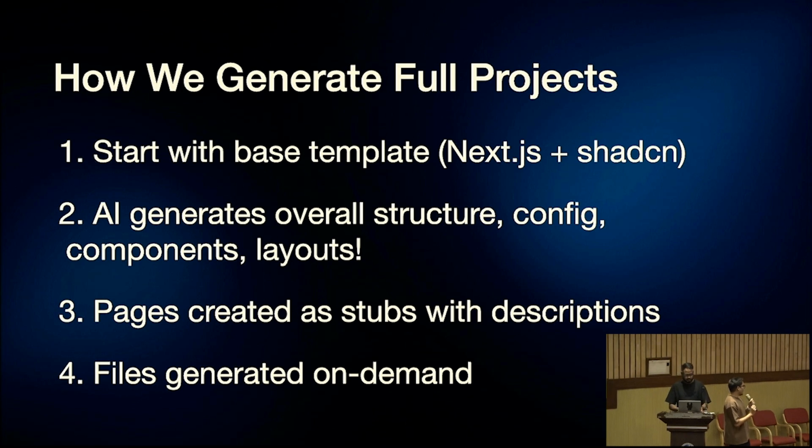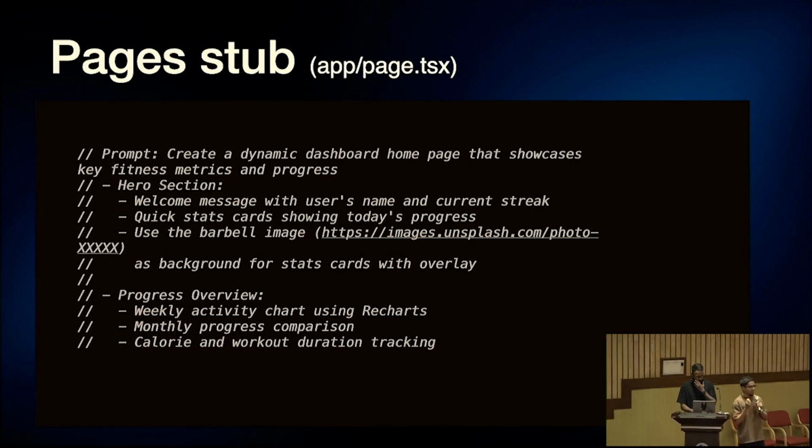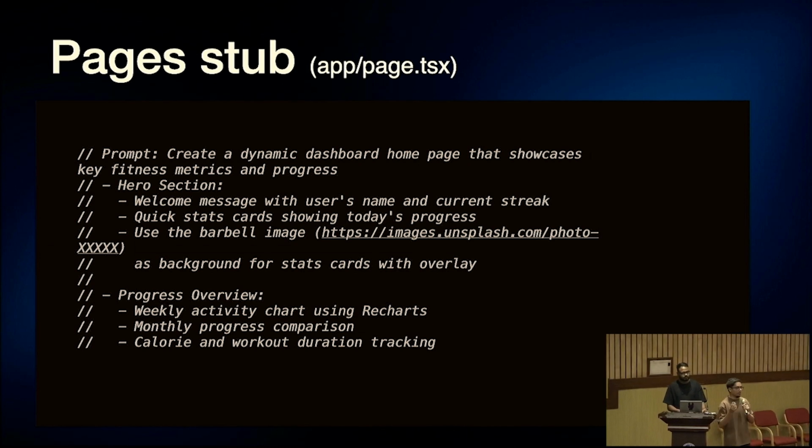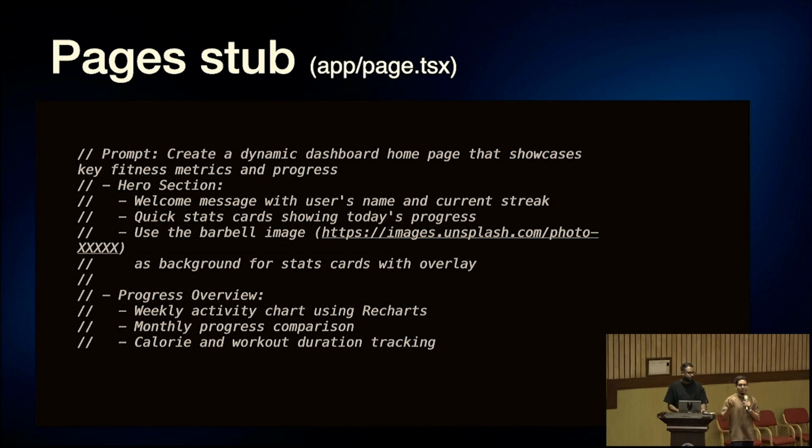An example of what page comments look like. So this is an app page.tsx file. This is the entry point, the home page of your Next.js app that you get. And instead of generating the first page, we have a comment that is taken up by the tool to send another request to the AI to generate that page. And before this point, it already has all the context.